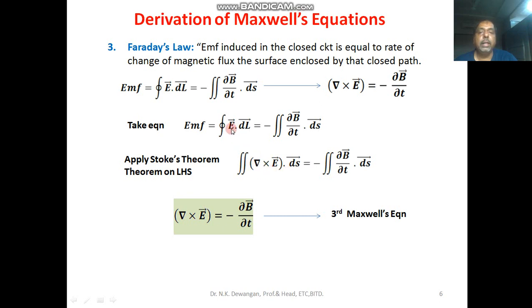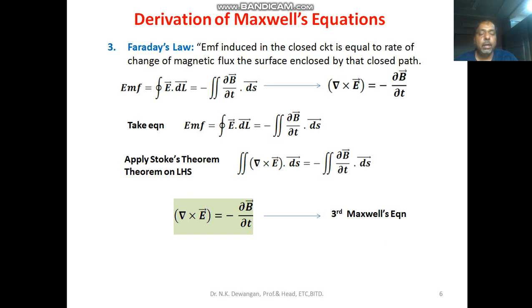So the closed path integration of the E vector is converted into the open surface integration of the curl of E. When you compare the left hand side and right hand side, you get the third Maxwell equation: curl of E is equal to minus del B by del T.